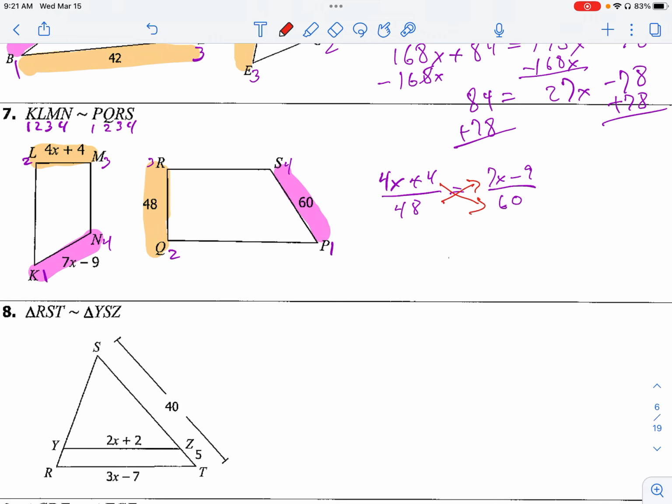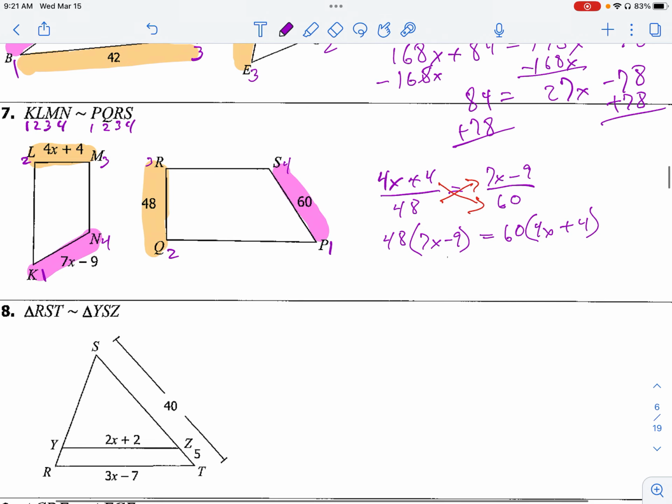Same process, cross multiply. So we get 48 times 7x minus 9 equals 60 times 4x plus 4.